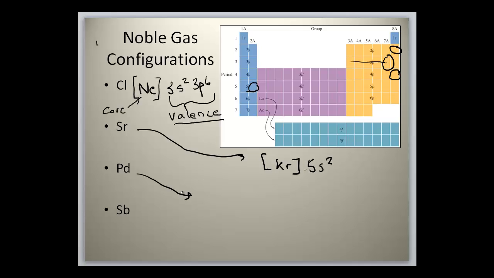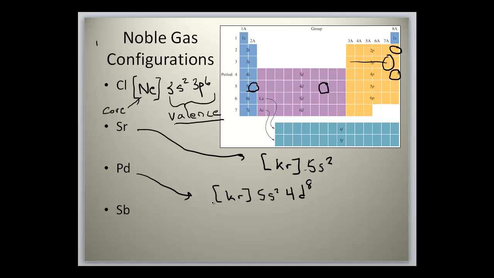Let's take a look at palladium, Pd. That is located right there. So again, take the previous noble gas, which would be krypton, and then add 5s2, 4d8.